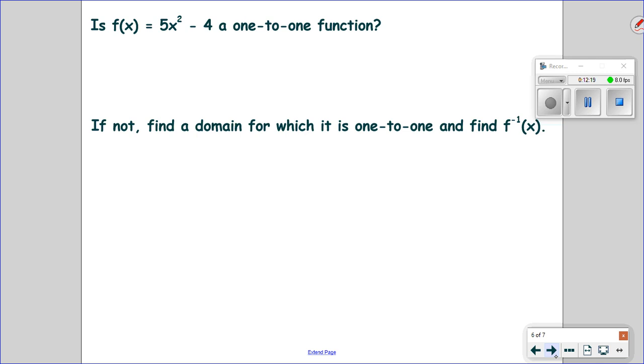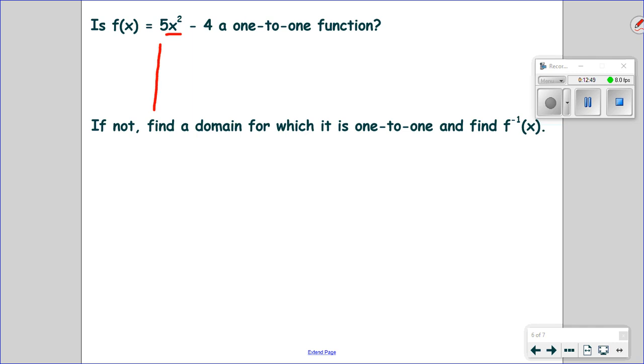All right. So let's look at an example. Is f of x, which equals 5x squared minus 4, a one-to-one function? So if you're given an equation instead of a graph, since it's so easy just to apply that horizontal line test, I would just do a quick sketch of the graph of this function using the parent function and transformations. Okay, so in this case, the parent function is x squared.